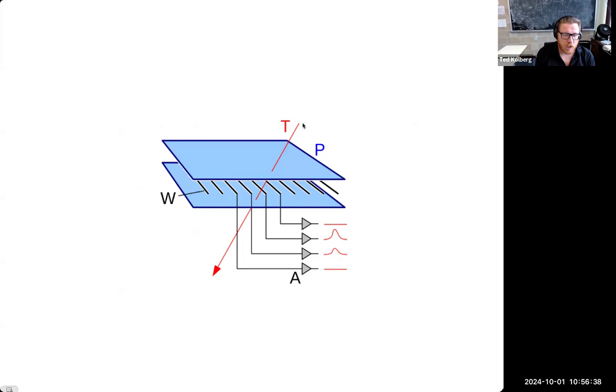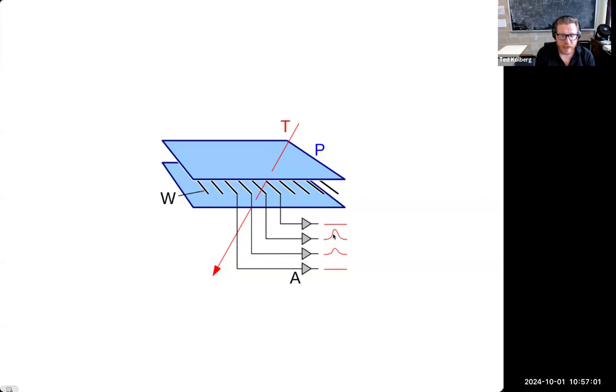So if I have a charged particle going through my chamber, what I will see is a large current pulse on the wire which is closest to the signal, a somewhat smaller current pulse maybe on the wire which is second closest. The ratio of these pulse heights is related to the distance in between the wires. So I have a spatial resolution, which is actually a bit better than the pitch of the wires.